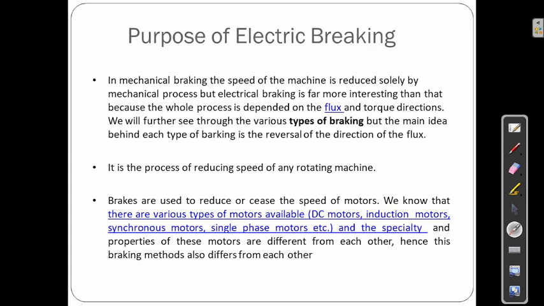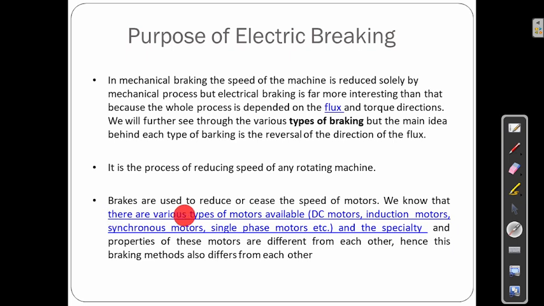Because of the flux and torque direction, the braking takes place. We will further see the various types of braking, but the main idea behind each type is the reversal of the direction of the flux. It is the process of reducing the speed of any rotating machine.